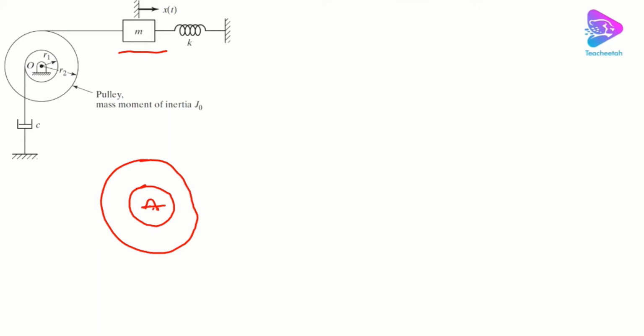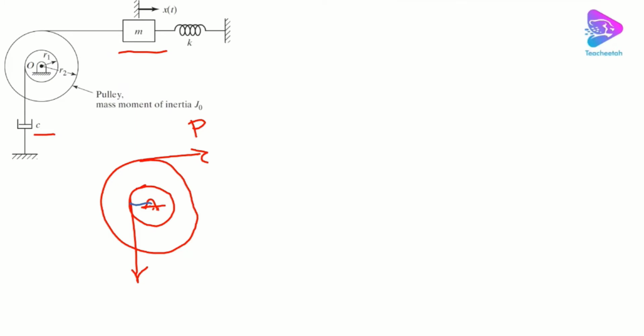So the first force is basically this P that we found the expression for before, minus mx double dot minus kx. And also there is a damping force, right? If this is the damping, we have a damping force acting on the system, which is equal to c times the velocity of the deflection.